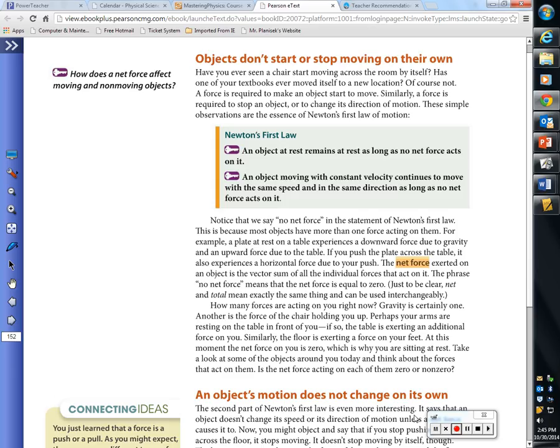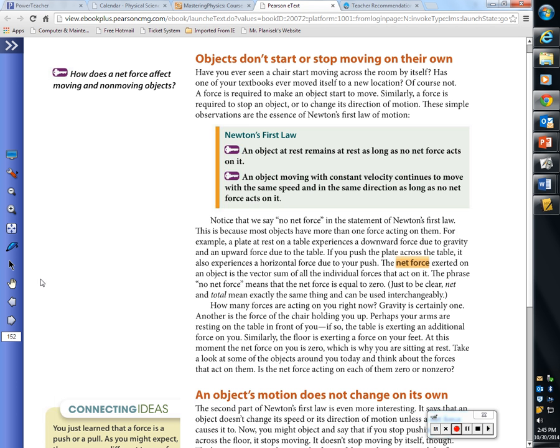Okay? So Newton's first law deals with things staying the same, which things will do unless they are, quote unquote, forced to do otherwise.